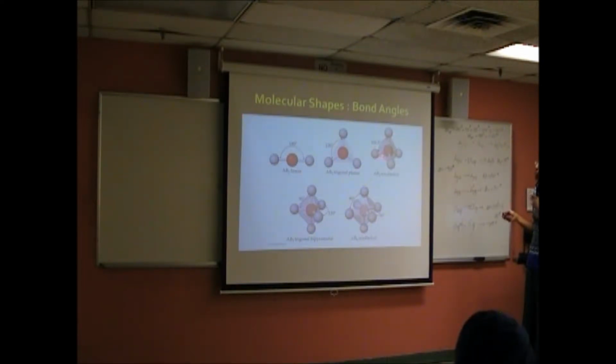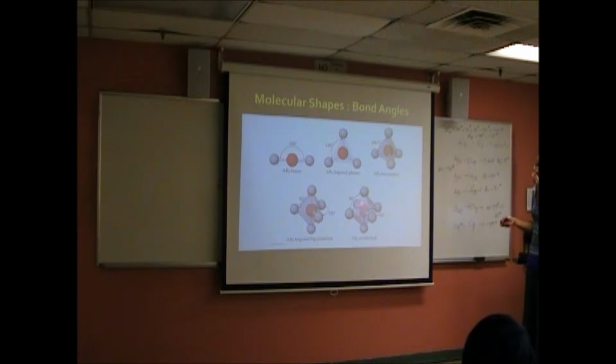Tetrahedral, we have 4 bonding arms, 109.5. We have trigonal bipyramidal, that is a flat face, trigonal planar on the plane, and then your linear on either end. Your trigonal planar part, that's 120. Your linear to your trigonal planar, that's 90 degrees.